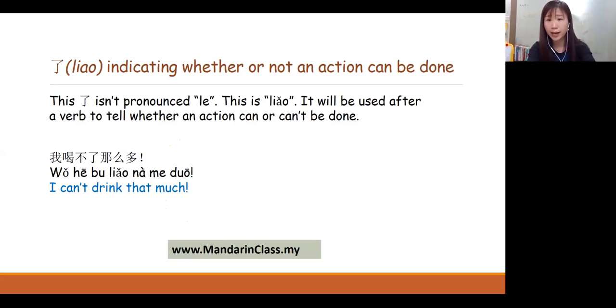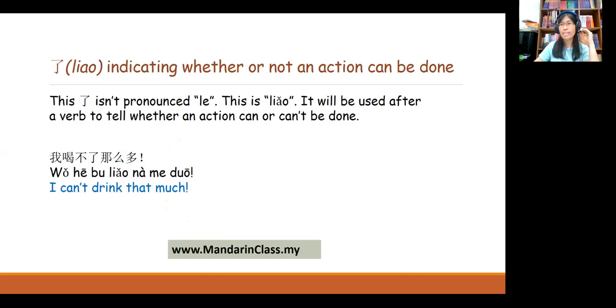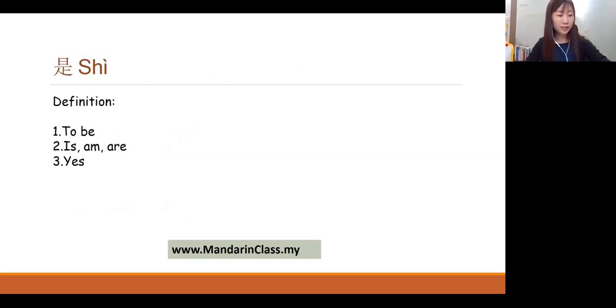But if you say I can, 我喝得了那么多。Just change it with 得, and with the word 了. This situation is about an action that can be done or cannot be done. Okay, we'll put the word 了。好，来我们看下一个吧。OK，好的，谢谢刘老师、黄老师啊。Yeah, I think almost the time already.